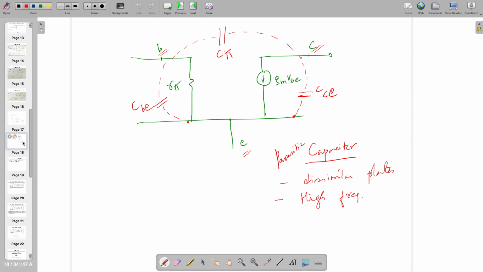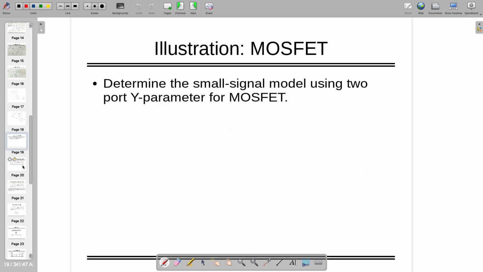Just for a very quick review, if I want to derive the Y parameters for a MOSFET, there are two equations. Ig is equal to 0, and there are three terminals. This is called gate, this is called drain, and this is called source.